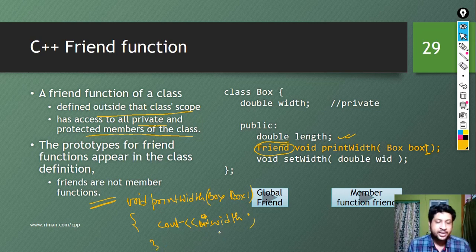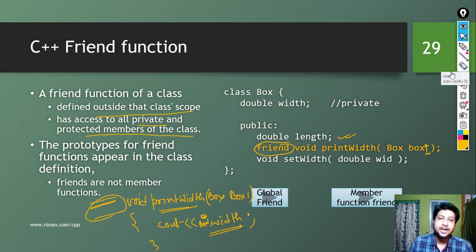This way we are actually accessing the private member, that is width, using an object inside the friend function. You don't have to specify any scope resolution operator or class name, because a friend function doesn't belong to a class. So let's check a global friend function, like a function that is a friend to another class.